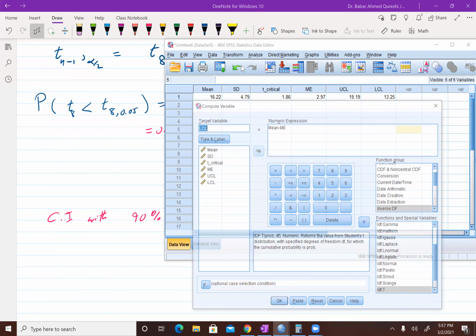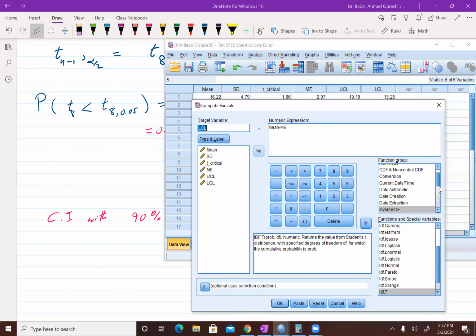So Transform, Compute Variable. Inverse numeric returns the value of a student's t distribution with specified degrees of freedom df, for which the cumulative probability is equal to this probability. So our probability, let's put it in t critical 2, and our combined probability is 0.95, because I'm doing it with a confidence interval of 90.